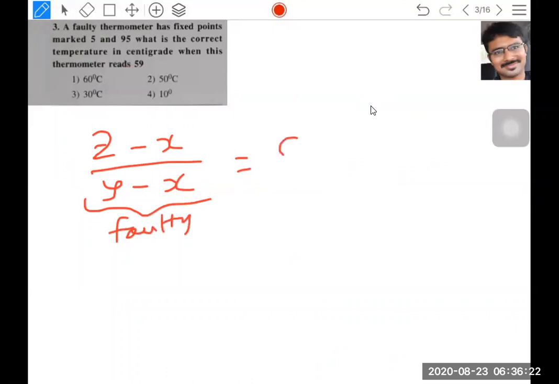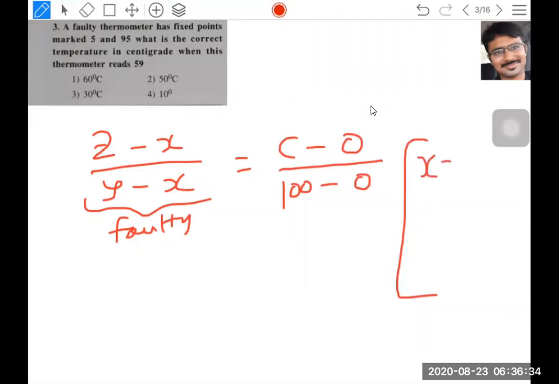What we want is the centigrade scale, that is, C minus 0 by 100 minus 0. In the question, for the faulty thermometer, the lower fixed point is 5 and the upper fixed point is 95. And they ask for the correct temperature in centigrade when this thermometer reads 59.